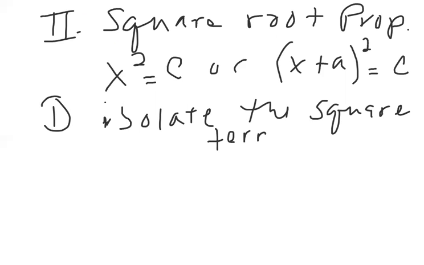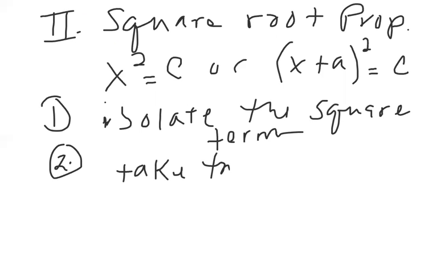Now, once you have this isolated, as in get it by itself, number 2, you're going to take the square root, the inverse, of both sides.